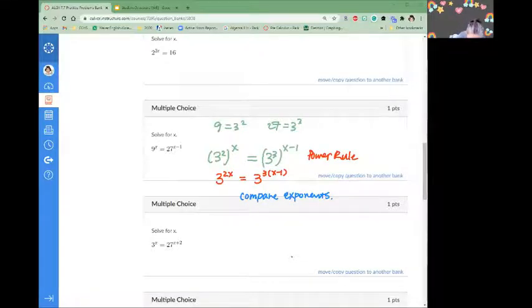So we are comparing the exponents, and it's going to give us 2x. The exponents from the left-hand side should be the same as the exponents from the right-hand side. Then this becomes just simple, easy equation solving, right?